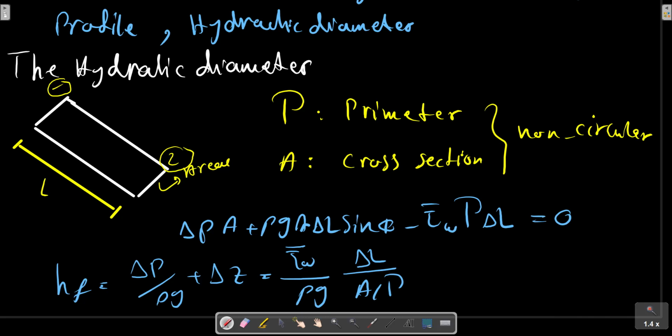this is an identical equation which we also described before.